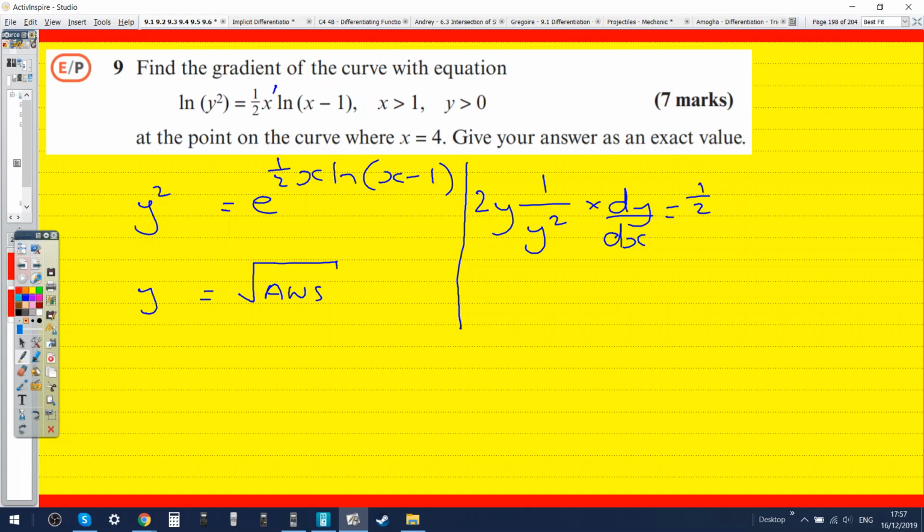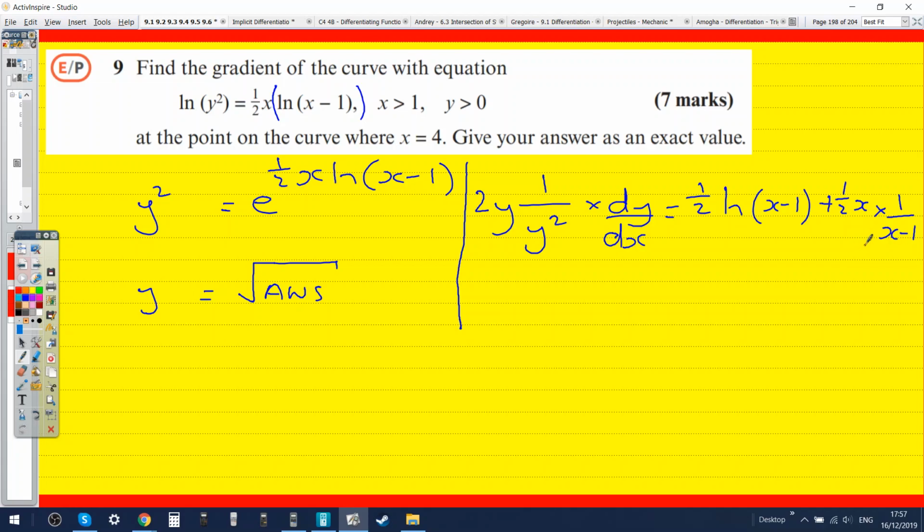Half, product rule. Oh, that's product rule. Okay. So that would just be ln x minus 1 in brackets, plus half x times 1 over x minus 1 times 1. Yep, that's it.